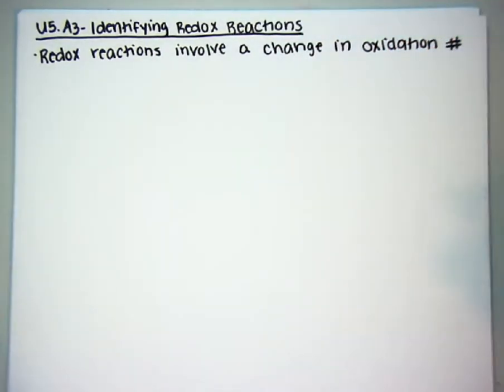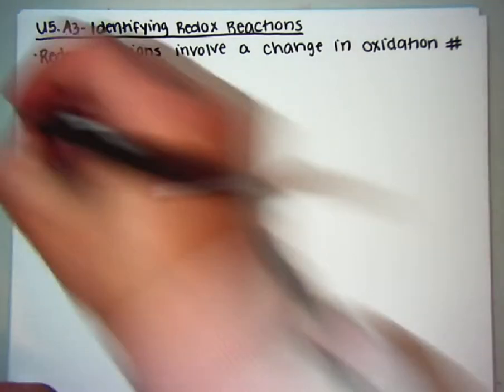So all you have to do is go through the reaction, assign oxidation numbers to each element. Then we're going to compare. If there's a change in oxidation number, it is a redox reaction. If there is not a change in oxidation number, it is not a redox reaction.